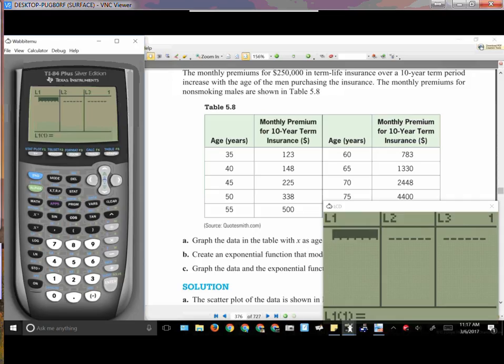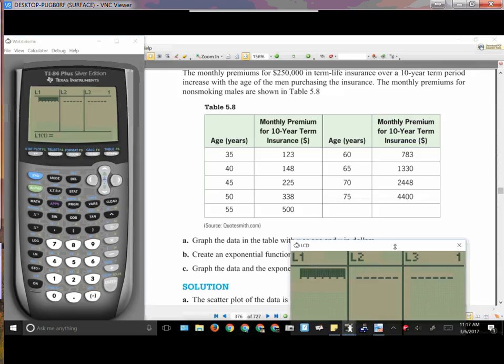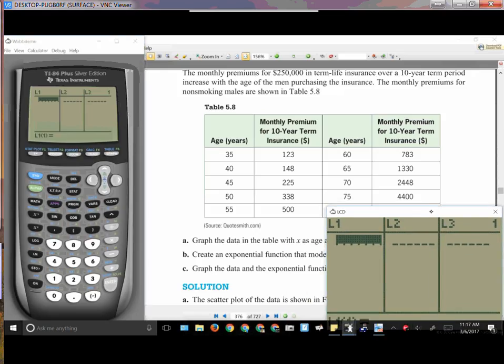So, continuing on here. They just want us to go on age, dollars, so we don't have to worry about changing anything. So it's going to be 30, 40, 45.